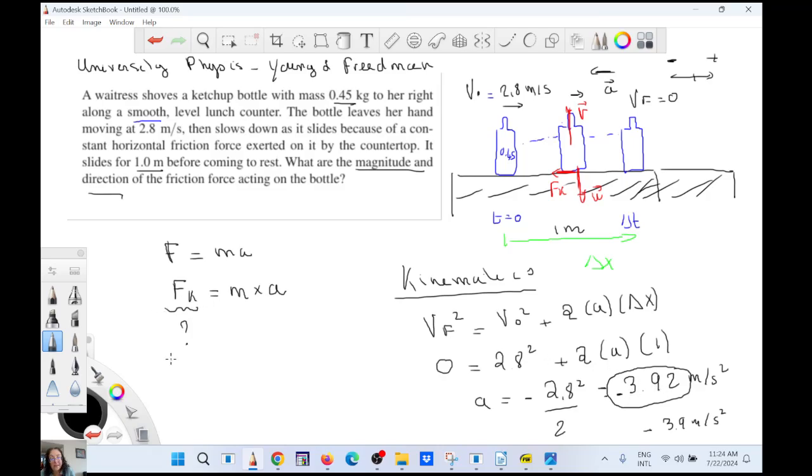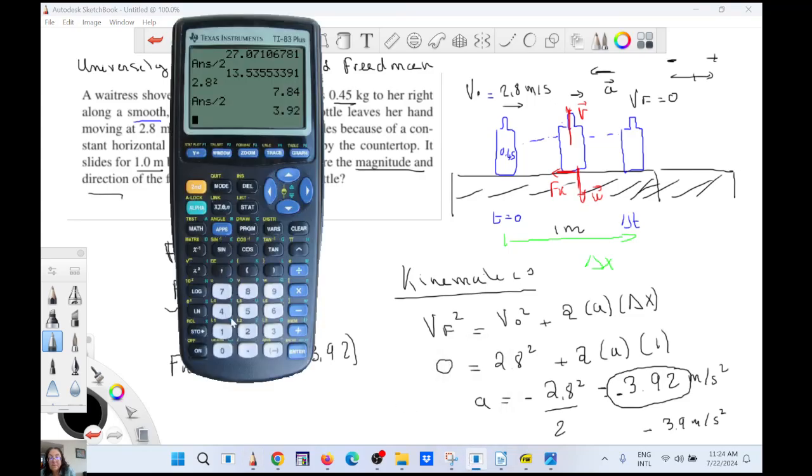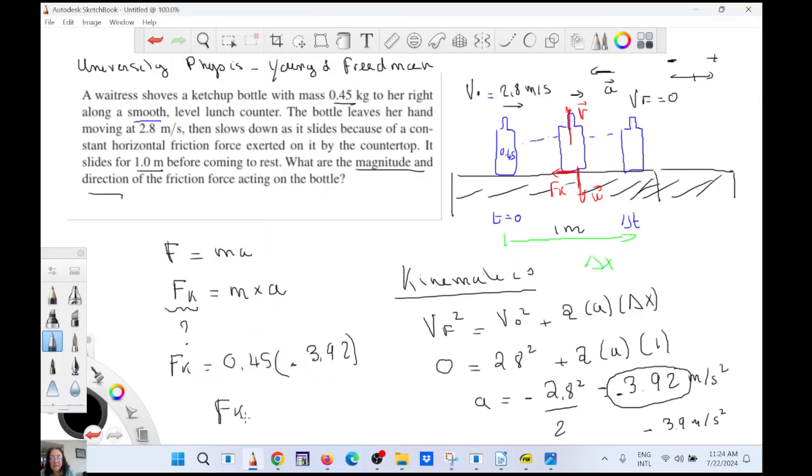Then I go here, and the kinetic frictional force equals the mass, which is 0.45, times minus 3.92, and minus 1.8. Okay, and no, I did something wrong.